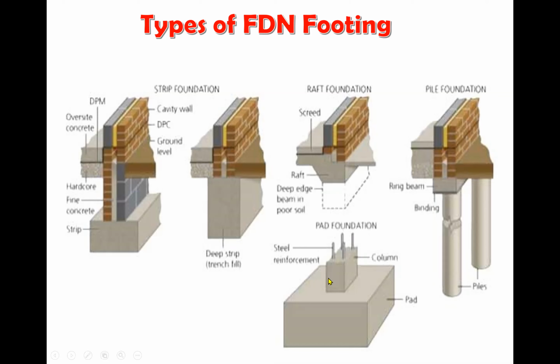Then we have the pad one that goes underneath the column. These are independent foundations that will take the load of your columns where you have those frame structures, beams on columns, where the transferring of your load is coming from the roof down the walls, or from the roof into the beam, down through the walls, or down to columns.